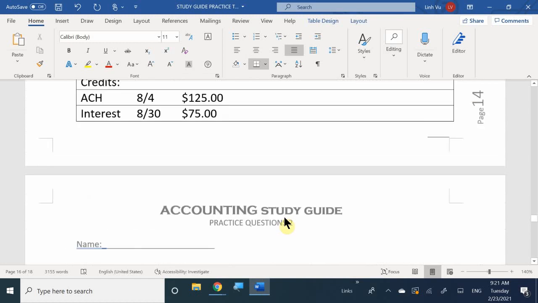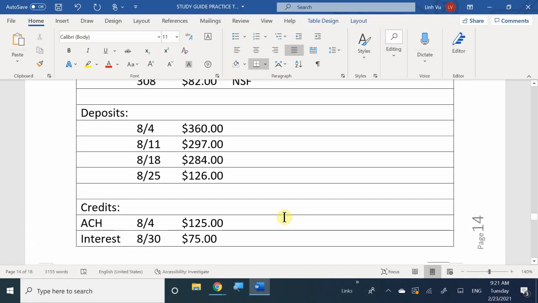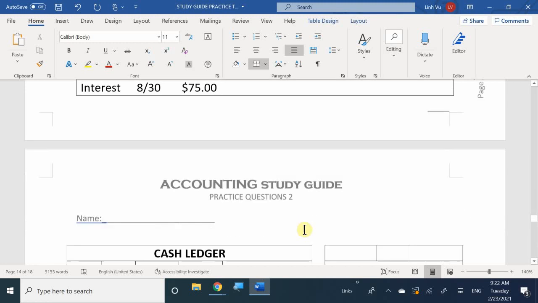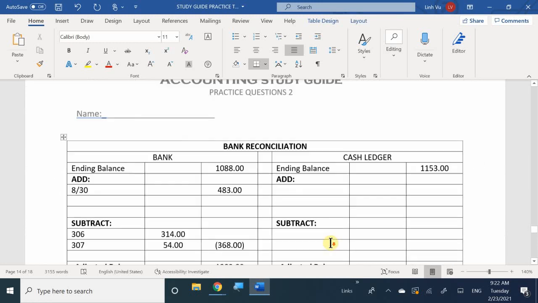Okay, let's roll up and see what my interest is. 75. What else do I need to add as well? ACH, your automated clearinghouse. So 125 and then 75 for interest.